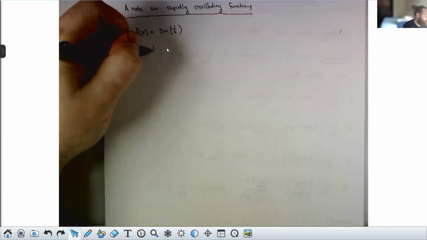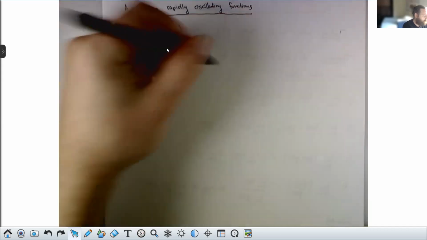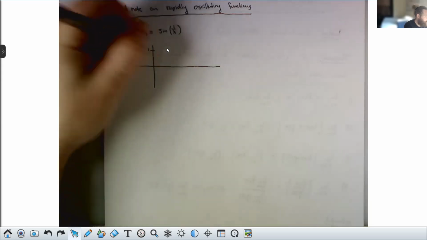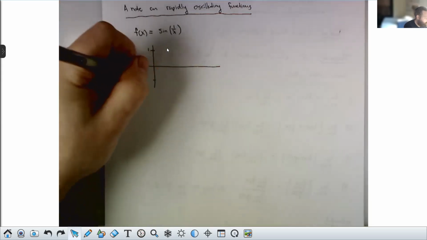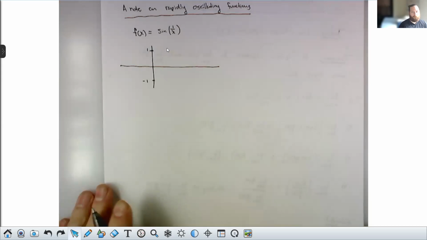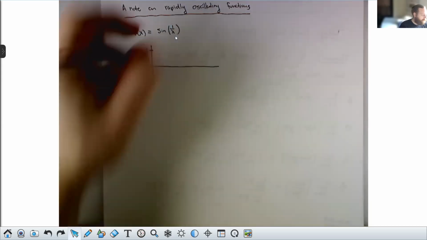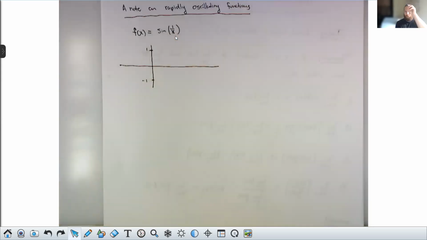The graph of this function is pretty tricky to draw. And to help you get an idea for why that's the case, before I draw it, I just want to talk a bit about what the inside of this function does. So 1 over x is a graph that you should know, right? It's the hyperbola.